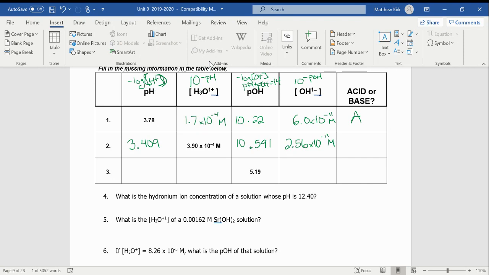And finally, is this an acid or a base? Well, okay, a couple ways we could look at it. pH less than 7. Again, I think that's the easiest, is just to look at our pH scale. So that is an acid.